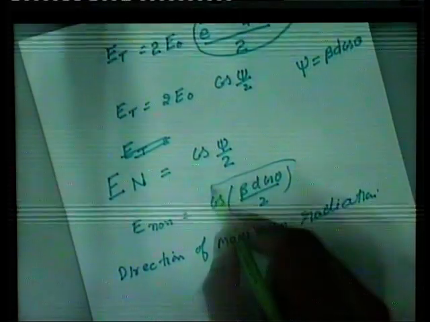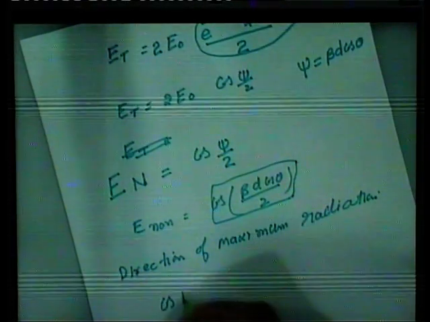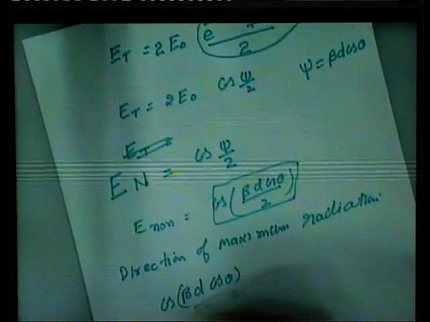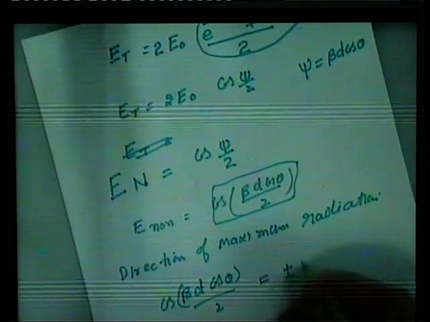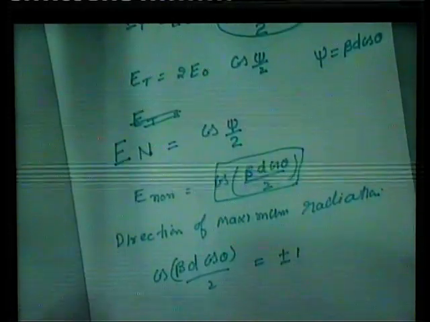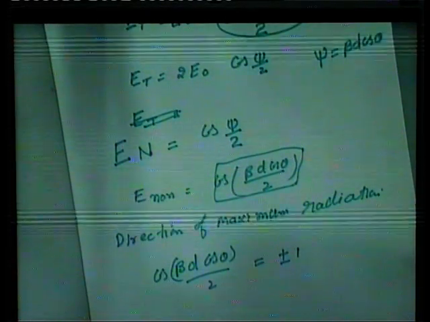This will be maximum when cos of beta d cos theta by 2 equals plus or minus 1. The maximum value of sine and cos is plus or minus 1.